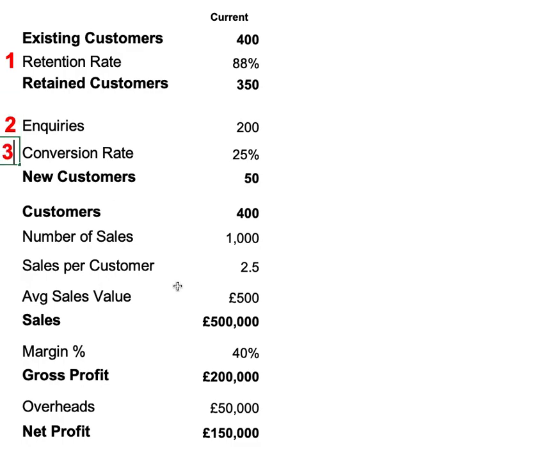We could focus on improving our conversion rate, our sales per customer, how much they spend with us on average, our margins, and we could look to reduce our overheads. So let's just set ourselves an improvement target. Let's say that we were going to look for a 10% improvement in each of those areas.